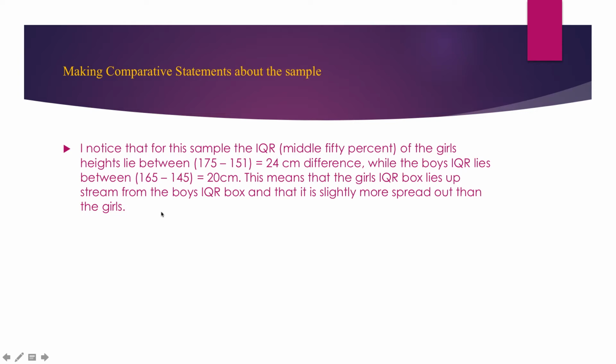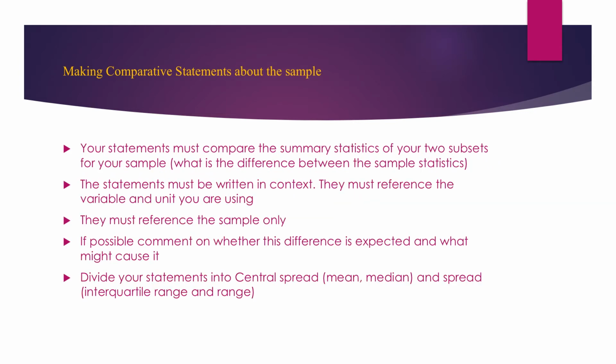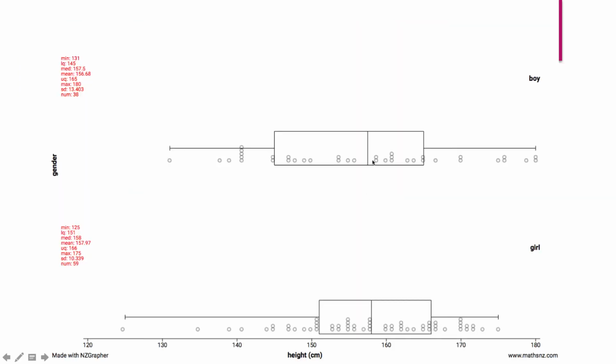The next thing to note here is that this median for the boys lies entirely within the girls' middle 50%, and this median here lies entirely within that. Now, this is really important.